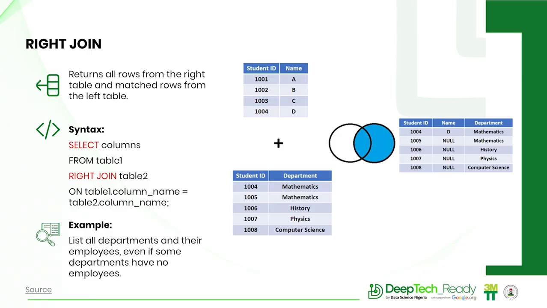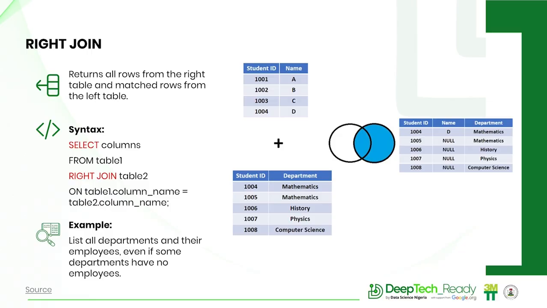Now we have student 1005, which is also coming from our right table, which doesn't have a name because it doesn't belong to our table A. Because it's our table A, that's our left table, that houses the name. So where the name doesn't belong, that's why we can see the null there, and it belongs to the mathematics department.